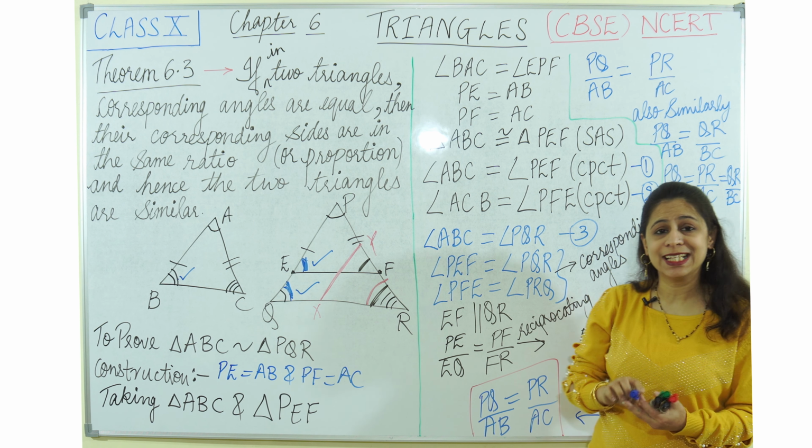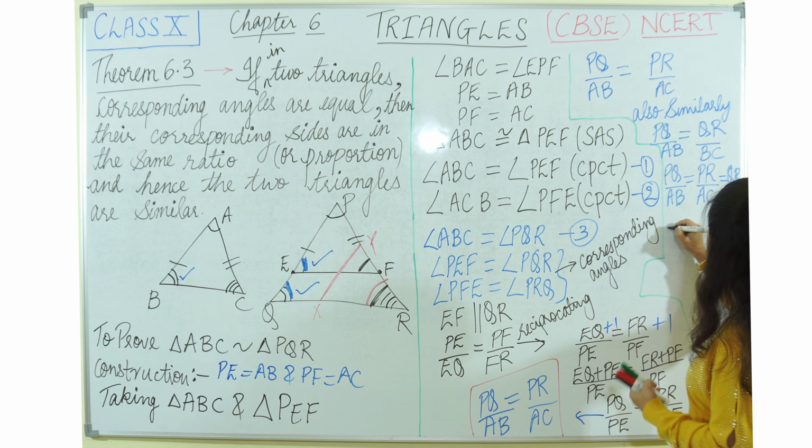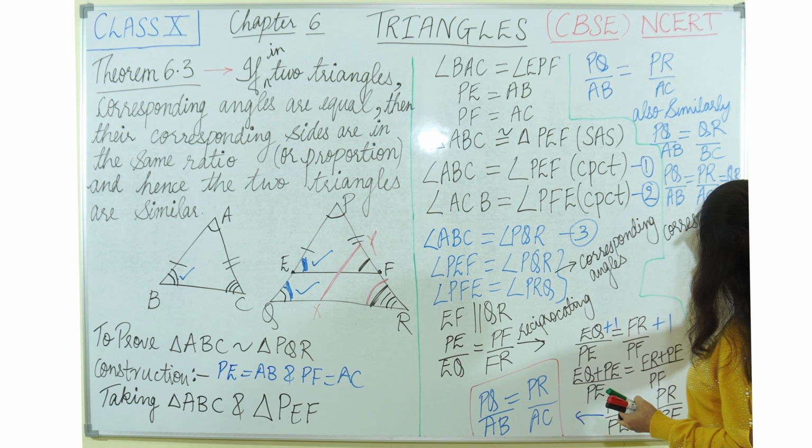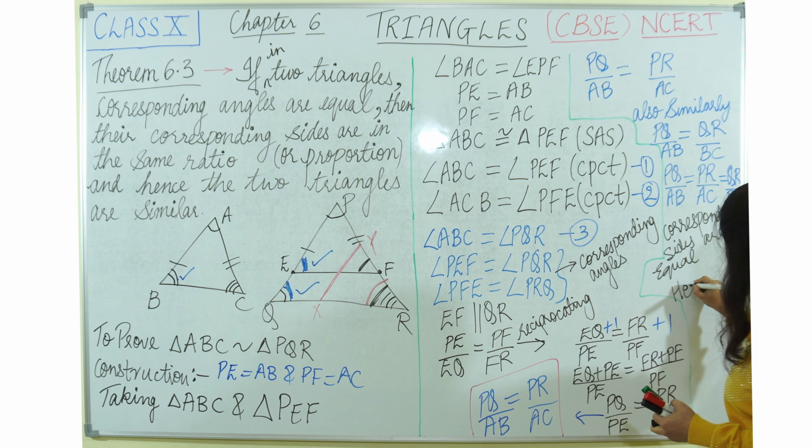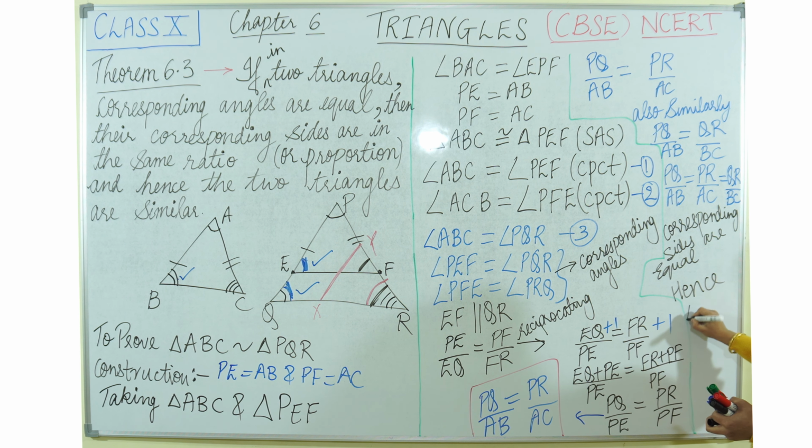So corresponding sides are proportional over here. Hence the triangles are similar by AAA criterion. Hence proved.